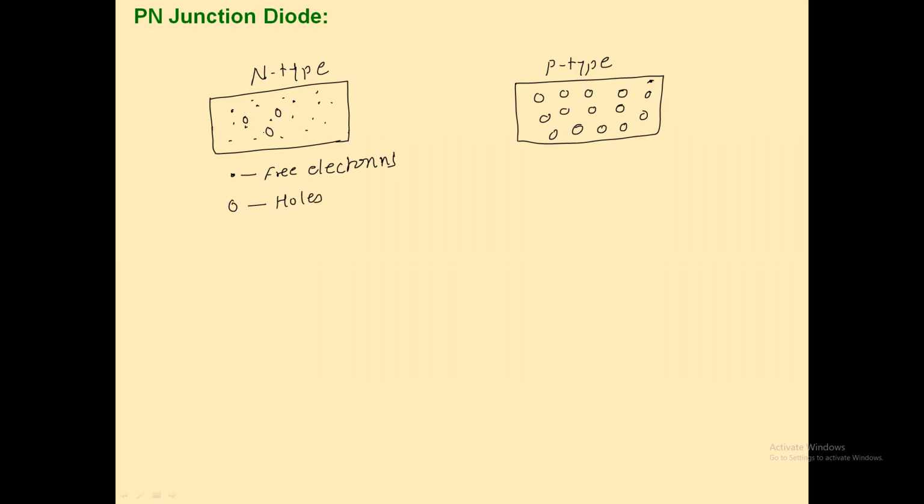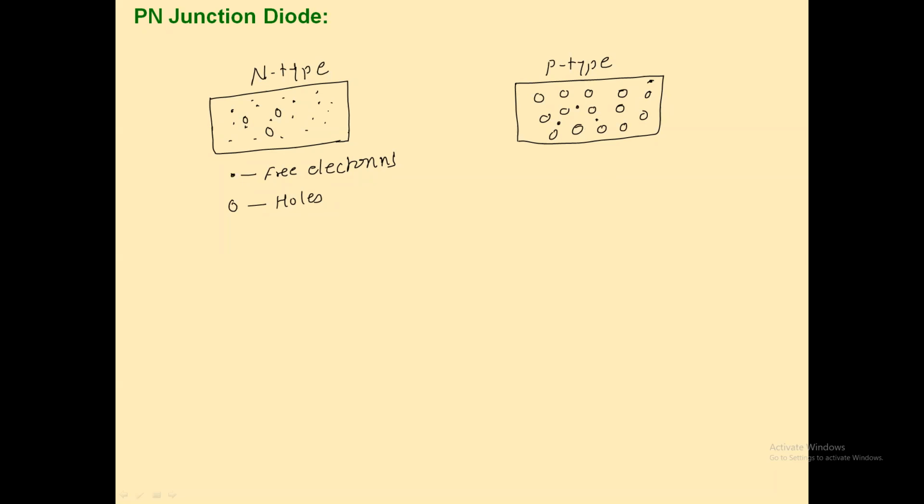So the holes in the N-type semiconductor are called minority charge carriers, and in the P-type semiconductor, thermally generated free electrons are called minority charge carriers. So this is a very important thing: the majority and the minority charge carriers.